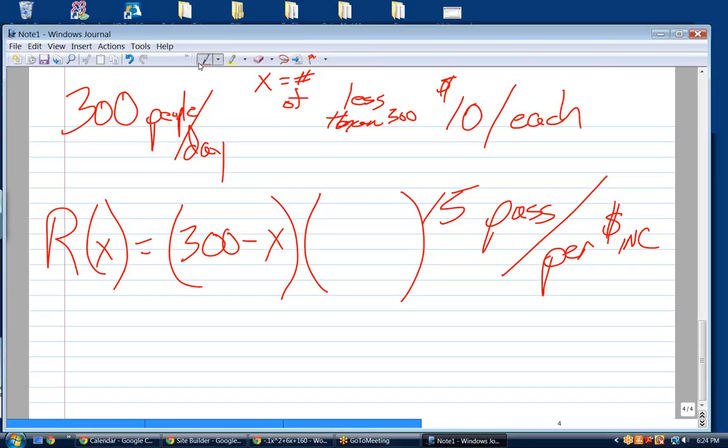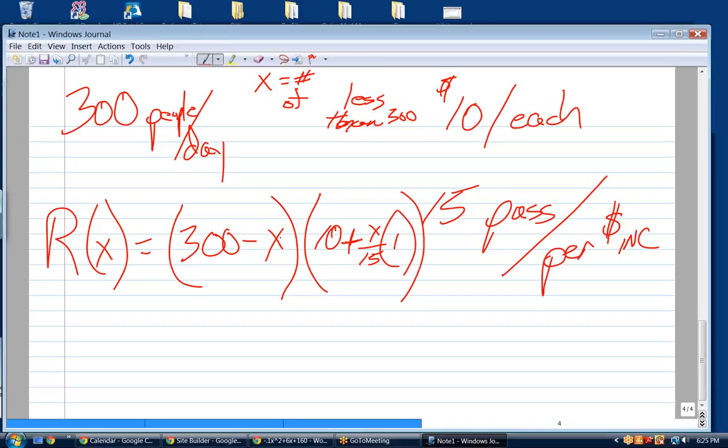For every 15 passengers less than 300, they charge $1 more. So it would be 10 plus x divided by 15 times 1. Does that make sense? Let's see.